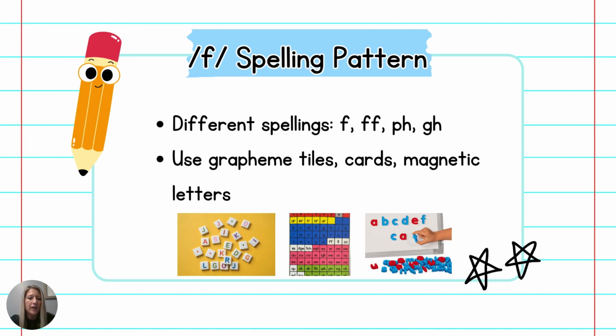So down here at the bottom, I have shown some different things that you can use in your lesson that can be beneficial for those students. And then also, when talking about cards, if you're spelling something that has any of those spelling patterns, we need to make sure that we can also use an actual card showing a picture of that word as well.